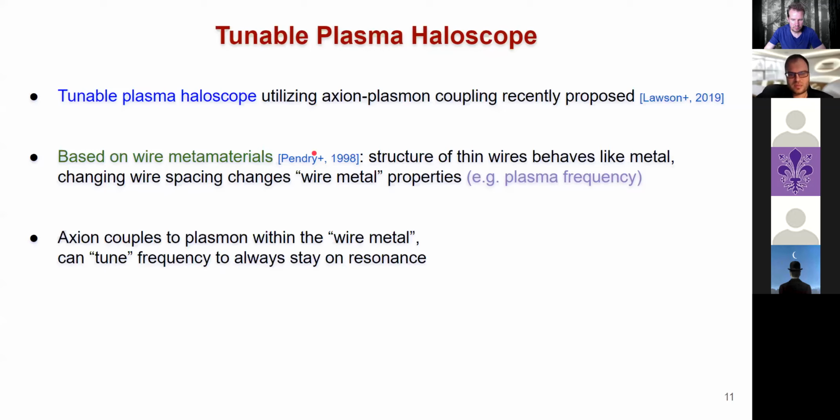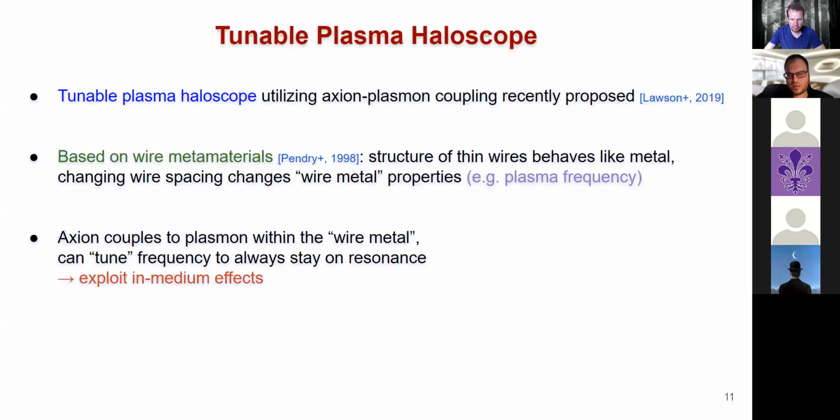And since you can change the position of wires, that means you can also tune the frequency, in this case the plasma frequency, in such a way that you're always on the resonance.